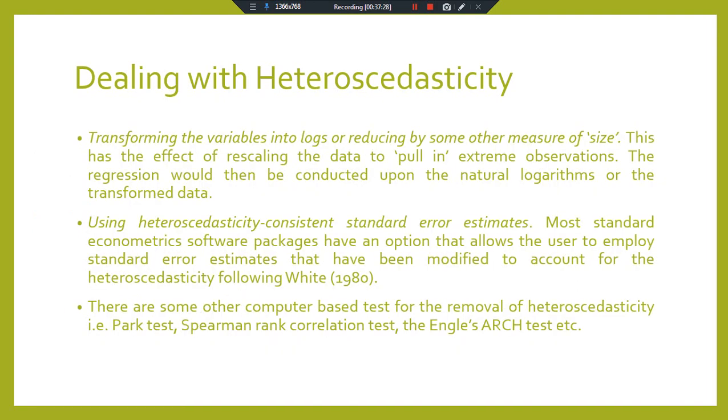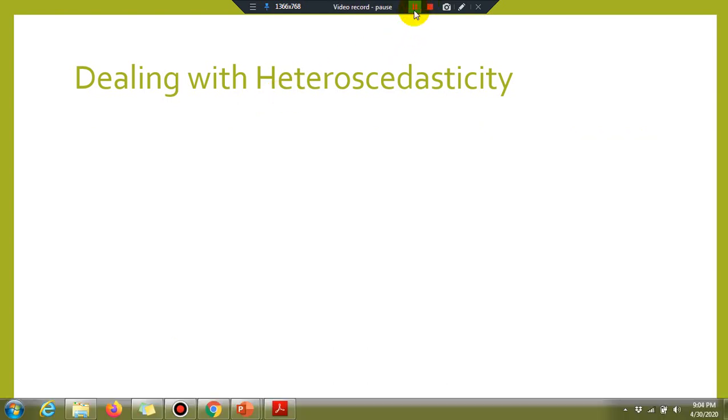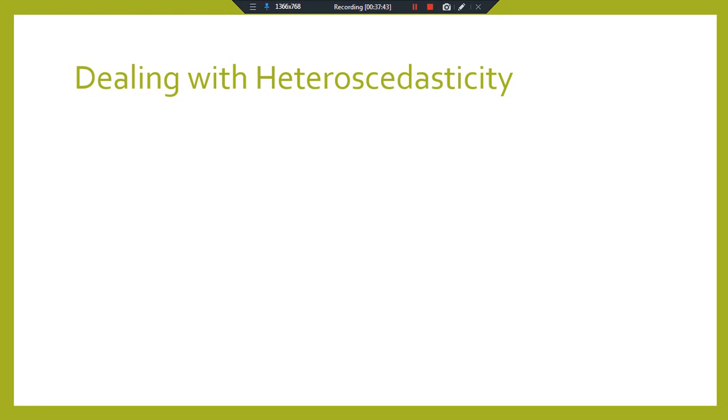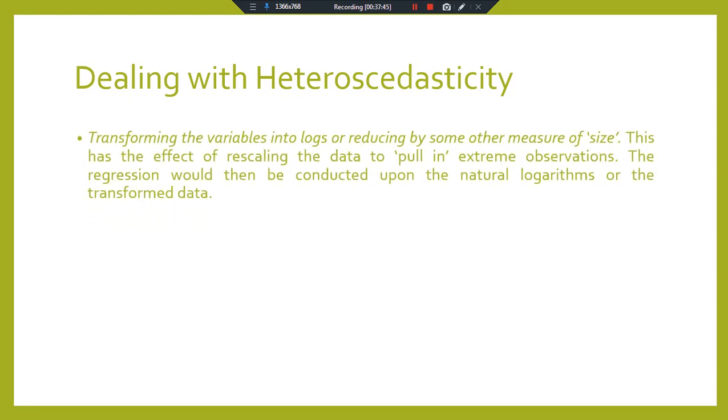Okay, when you are talking about dealing with the heteroscedasticity, the first one is to transform the variable into logs or reduce it by some other measure of size.